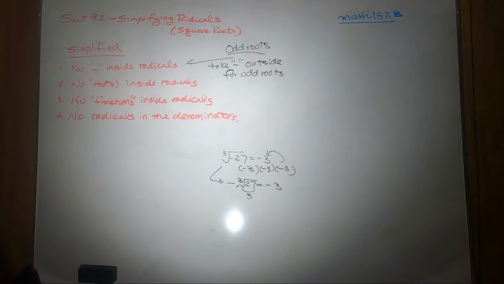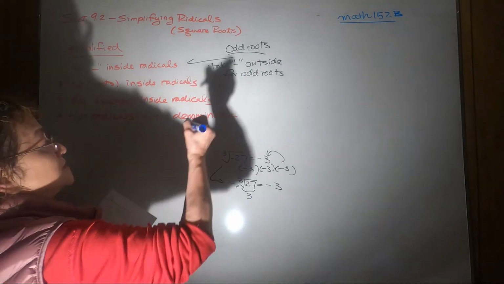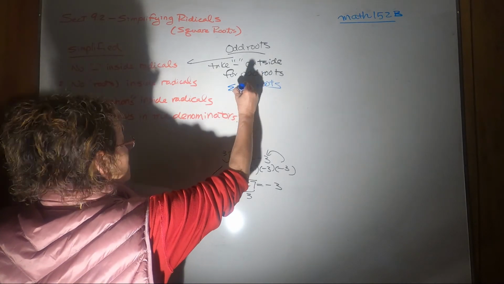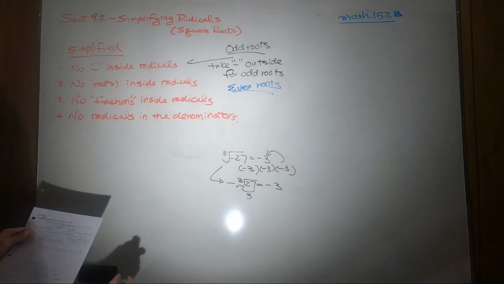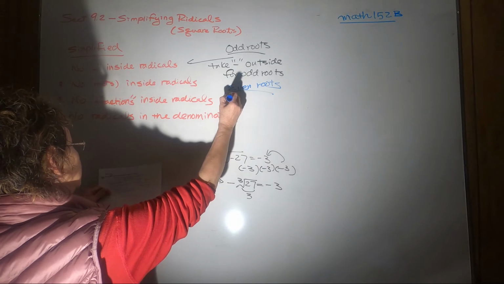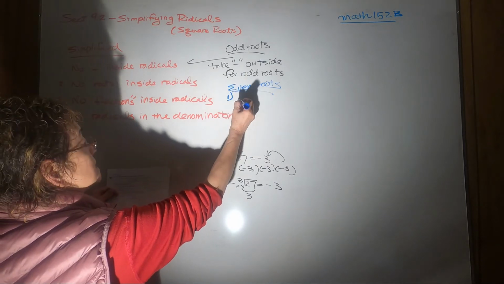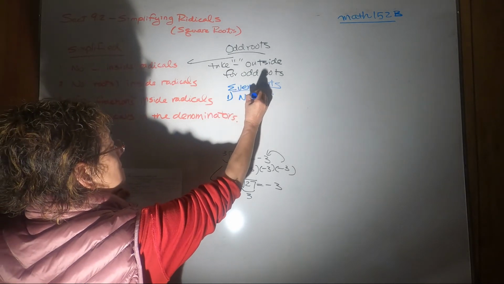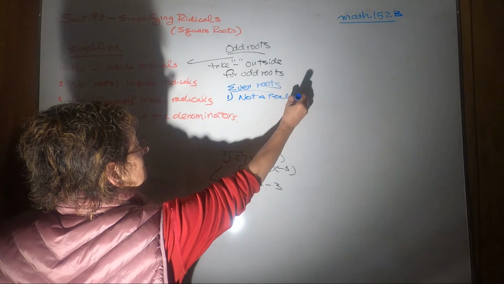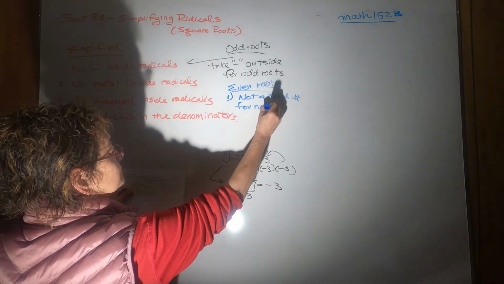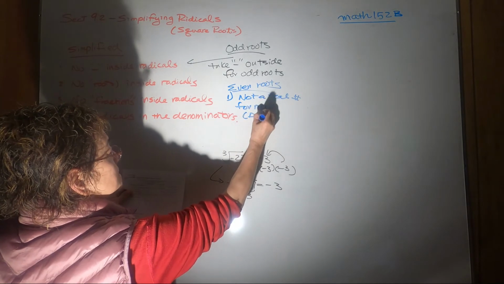Then if it's an even root, and inside it's negative, then we say it's not a real number. For now we just do that, or you say it doesn't exist.